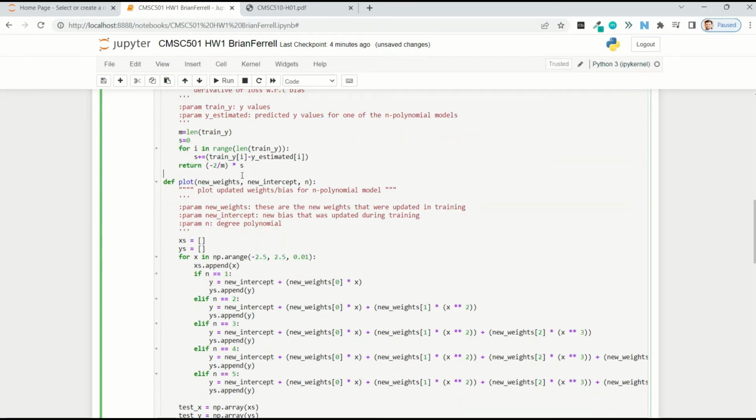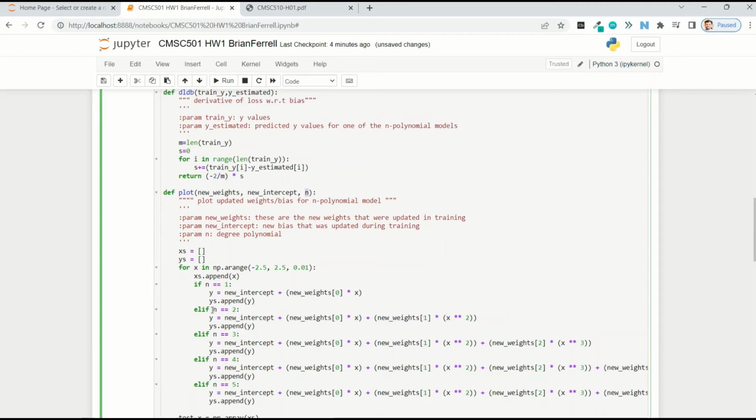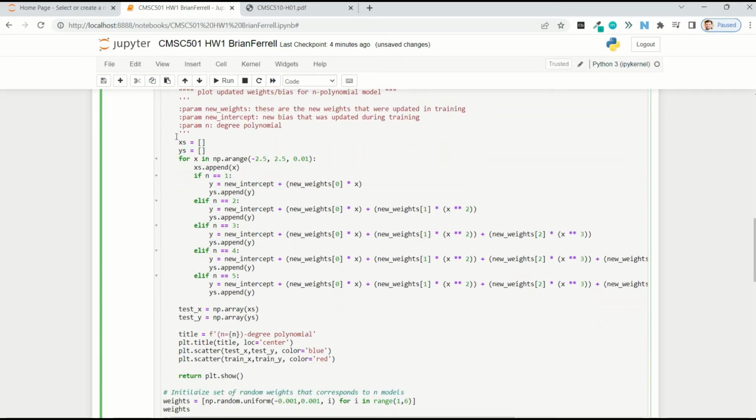And then we have a plotting function which takes in our new weights after we calculate the gradient and make the updates, our new intercept, and then n is just something for the charts. To make it a little easier to read, we can have this for loop right here, which is basically going to draw us a line, which is not really a line, it's just a lot more dots within this range.